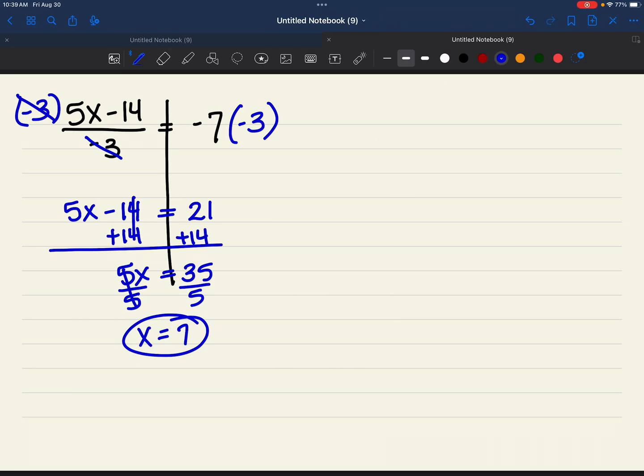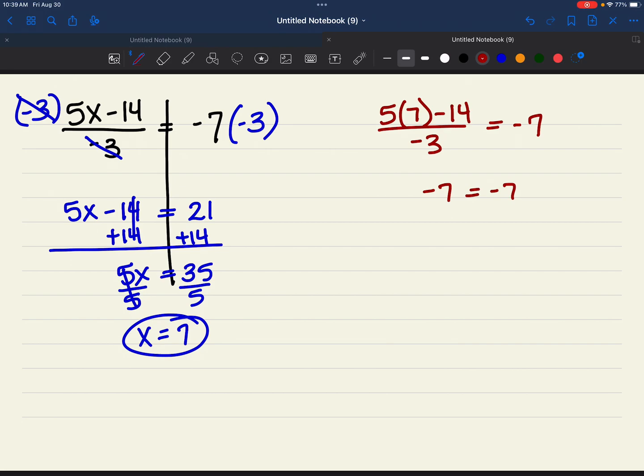Okay? Now, JC, how are you going to know if 7 is the correct answer? Plug it into x. So 5 times 7 minus 14. Now, listen, on this one, if it was me, I would type 5 times 7 minus 14 and hit equals, and then I would divide that by negative 3.